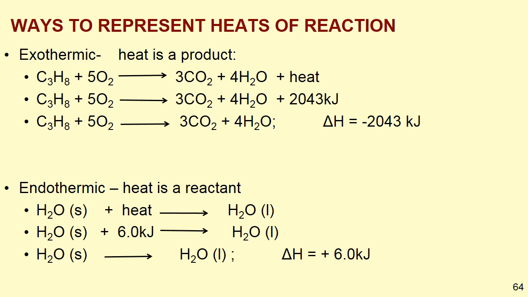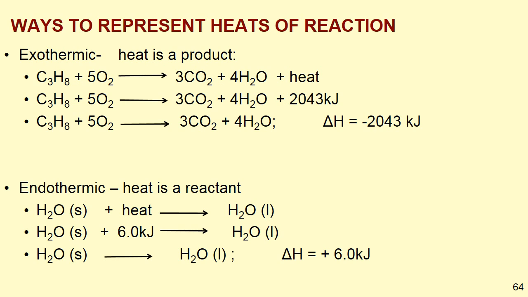And so you could actually write the reaction and then just put the amount of heat that's being produced as a product. So the first two are written with the heat part of the reaction. On the third line, you see the reaction, and then further to the right, you see delta H equals negative 2043 kilojoules. So if you see a delta H and you see a negative sign, negative means heat is being released, exothermic.